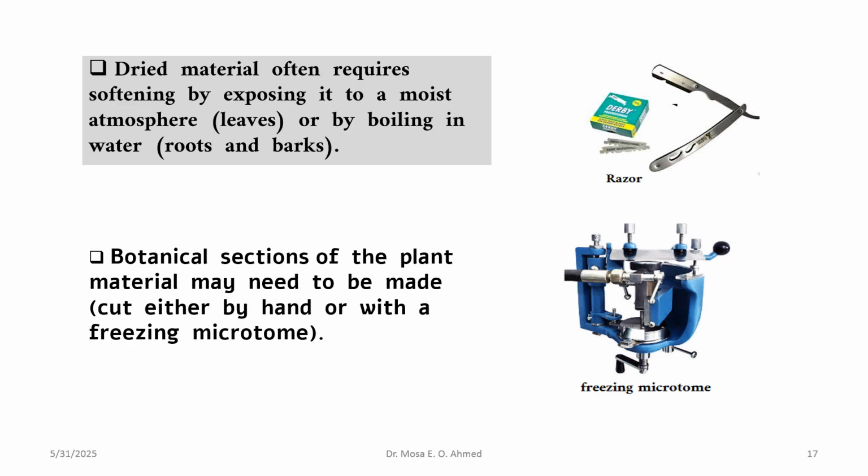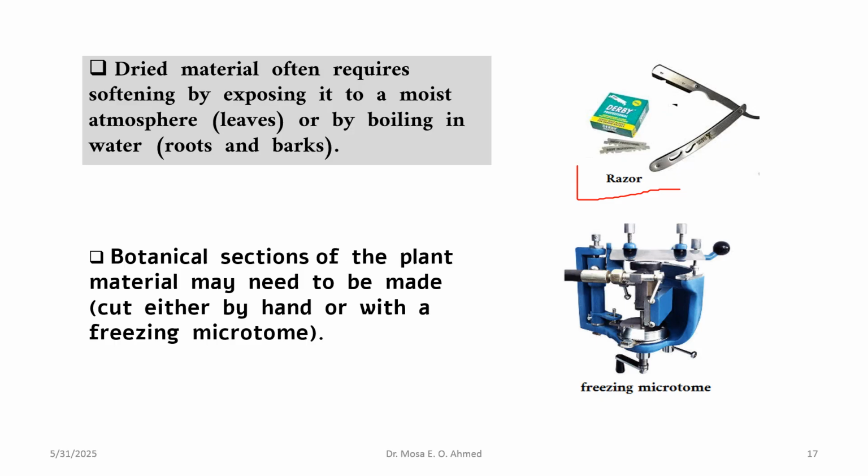These are the types of sectioning tools that can be used to prepare sections of the sample, either using a razor for soft tissues after moistening or after boiling the sample.